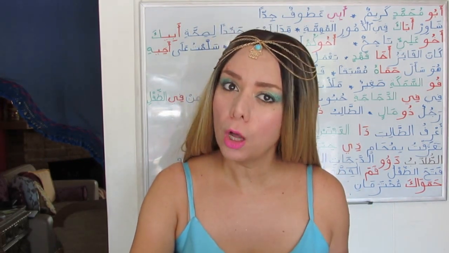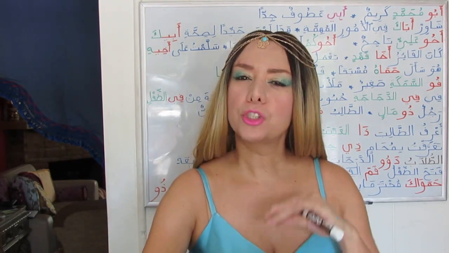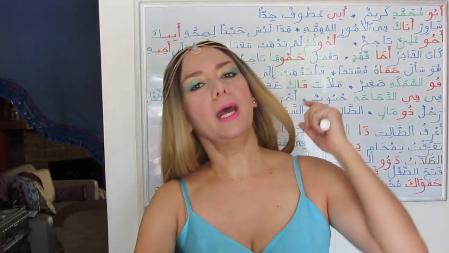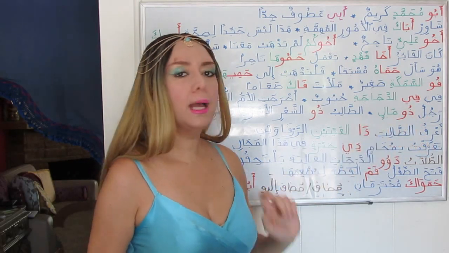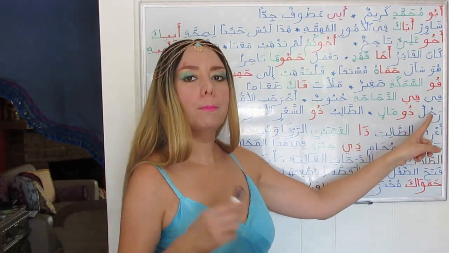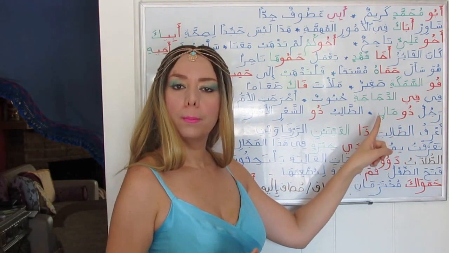ذو is a construct state only, which is equivalent to possessor of, owner of, or one with something. ذو is only added to apparent nouns, which means no pronoun suffixes are attached to it. رجل ذو مال, a man with money.